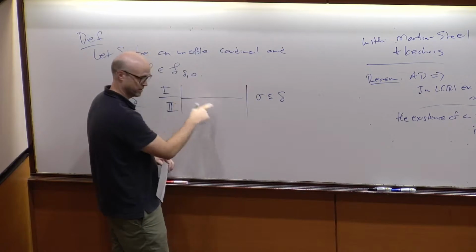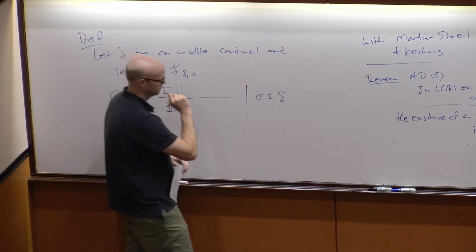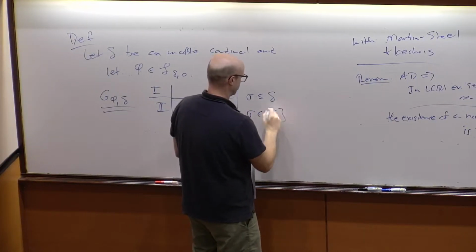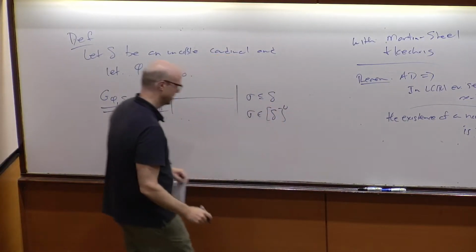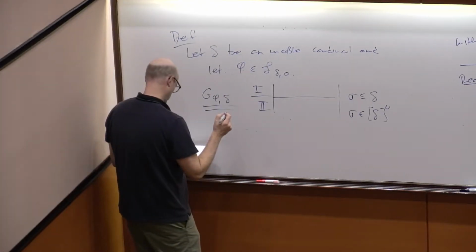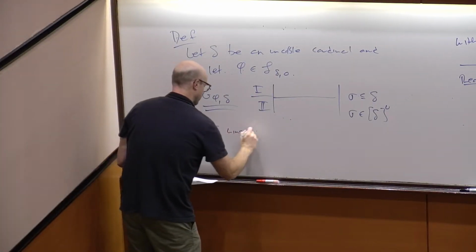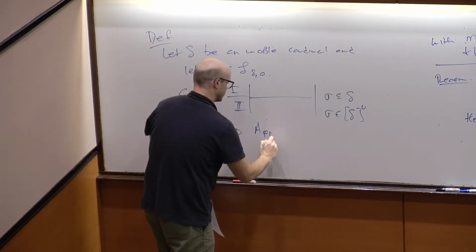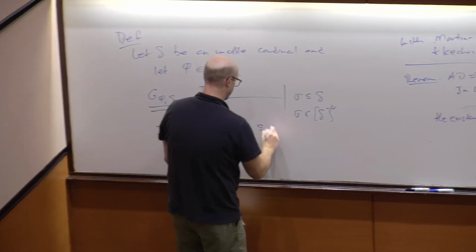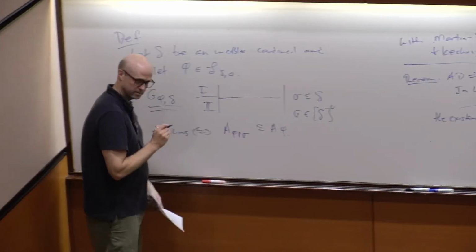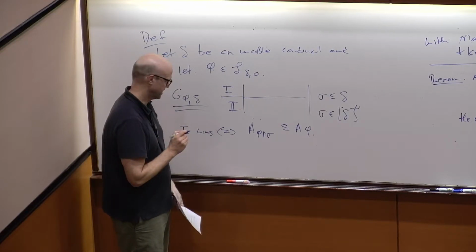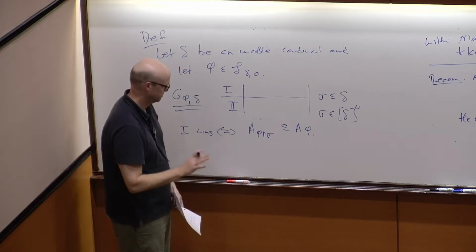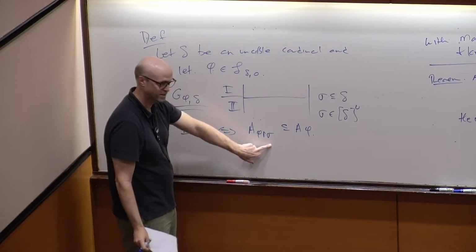I pick the first element, you pick the next element, and so on. We build a sigma that's a countable subset of delta. And then 1 wins the game if and only if phi restricted to the set that we built is contained in A phi, which of course doesn't always happen, but that's the game. So 1 is trying to make this work out.